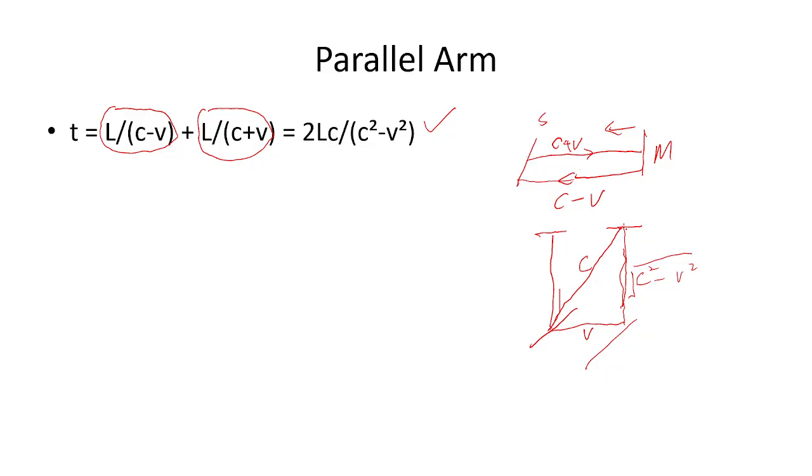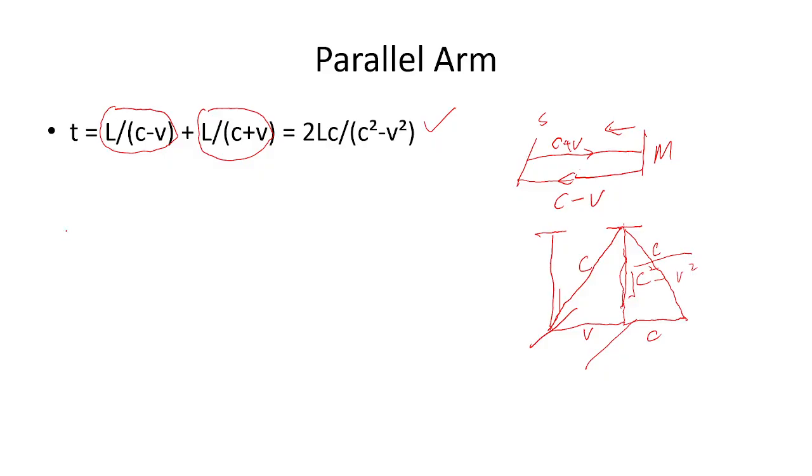If I complete this triangle again, this will be v and that will be c. So again we need this perpendicular. In both cases, the velocity perpendicular to the path of the beam is the square root of c square minus v square.